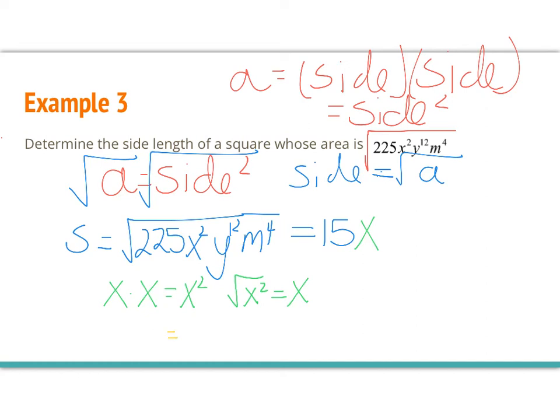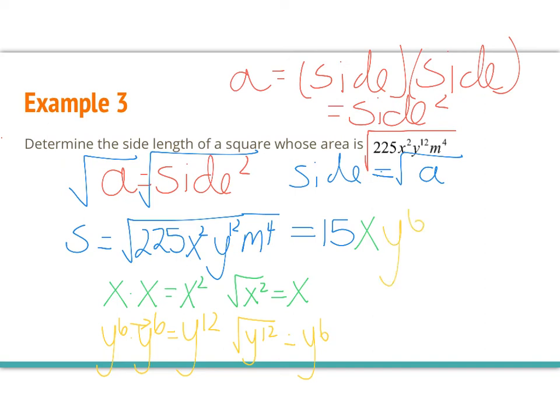Now we need two that actually equal y to the 12th. So y to the 6 times y to the 6 is equal to y to the 12. Again, this is because we add our two exponents here, 6 plus 6 is 12. Therefore, the square root of y to the 12 is y to the 6.